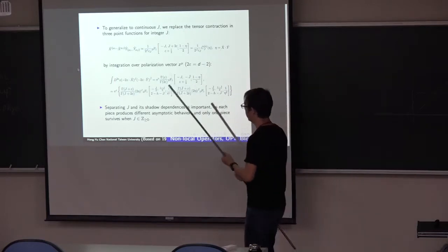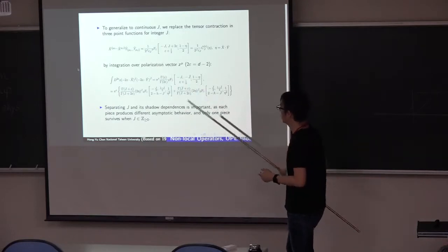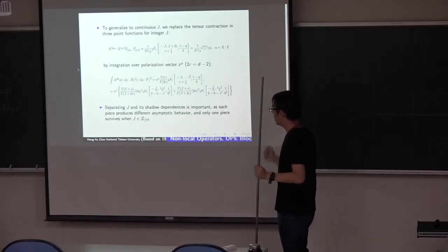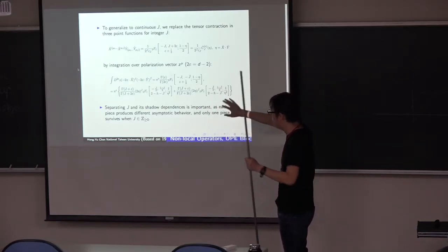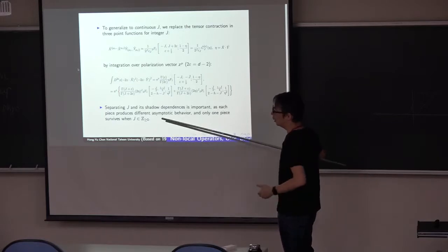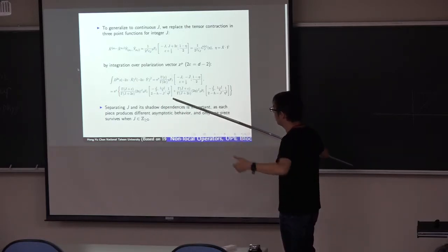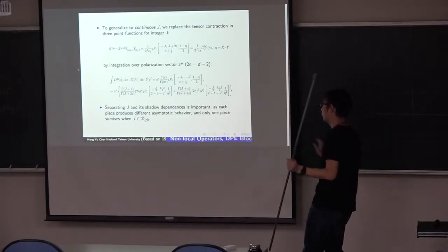If you consider constructing the conformal partial wave by performing this contraction on 3-point functions, what you end up with is not just one single conformal block, but the delta and its shadow. So there are two copies here, and we are realizing the same thing in the spin variable, if you want. But now they are completely equal. Okay.